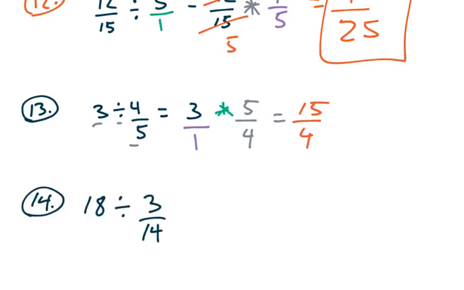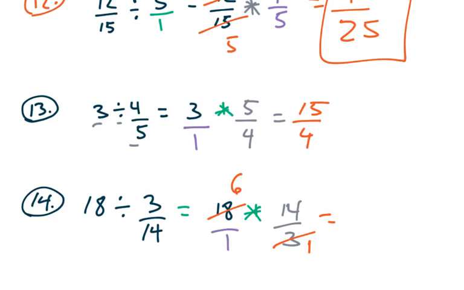And the next one, we're going to have 18 times 14 over 3. Remember, again, 18 is 18 over 1. And again, I want to stress that you can only divide if the top and the bottom match up. So 18 and 3 are both divisible by 3. It's going to leave me 6 and 1. And we're just going to multiply.